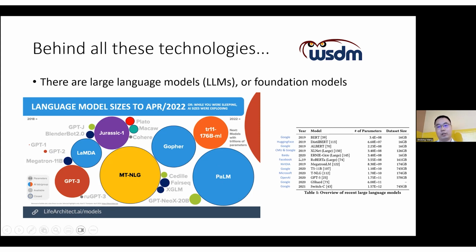You can see this statistic table actually goes from 2019 to 2021. Their dataset size, which is the data they use to pre-train their model, is just getting larger and larger. And we would like to know whether those large foundation models actually close the problem of generalization and robustness.